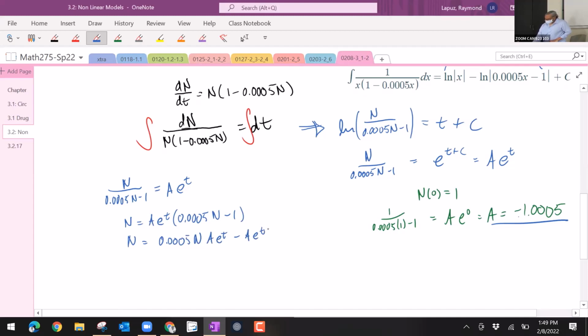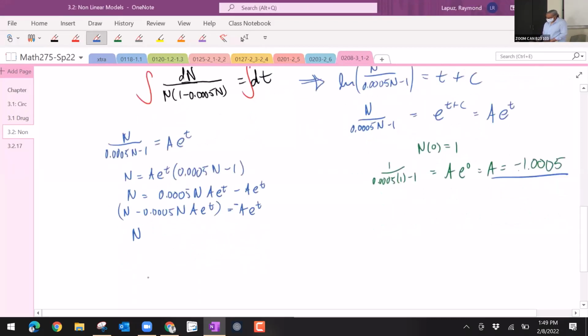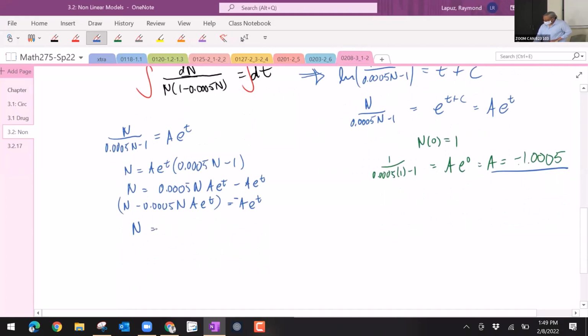And then I'll bring that over to the other side. And then I'll factor out an n. Now it's by itself, and I'll divide by this stuff. So this is a e to the t divided by 1 minus 0.0005 a e to the t.